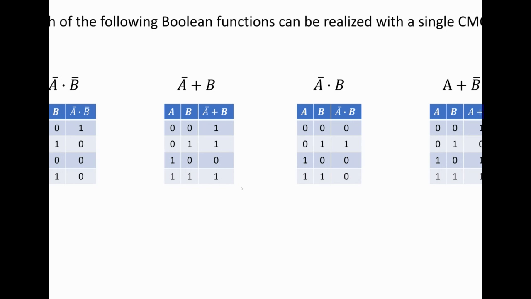So in order to answer this, you have to ensure that when the inputs are all zeros, that means there's no way to pull down, right? If the inputs are all 0, there's no way to turn on an NMOS transistor, and the NMOS is the pull down.